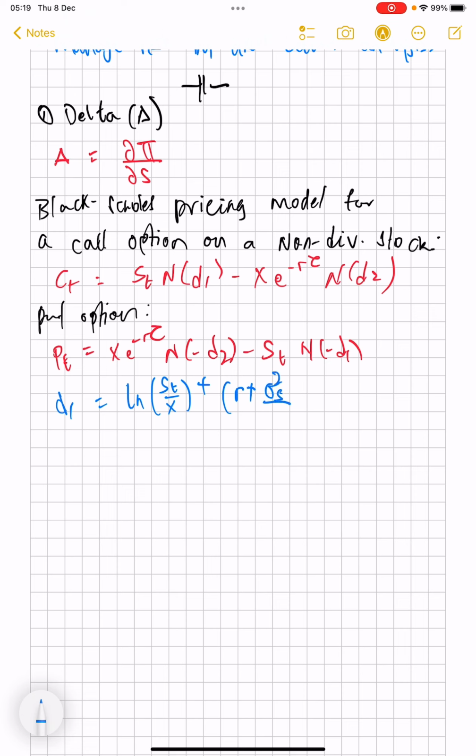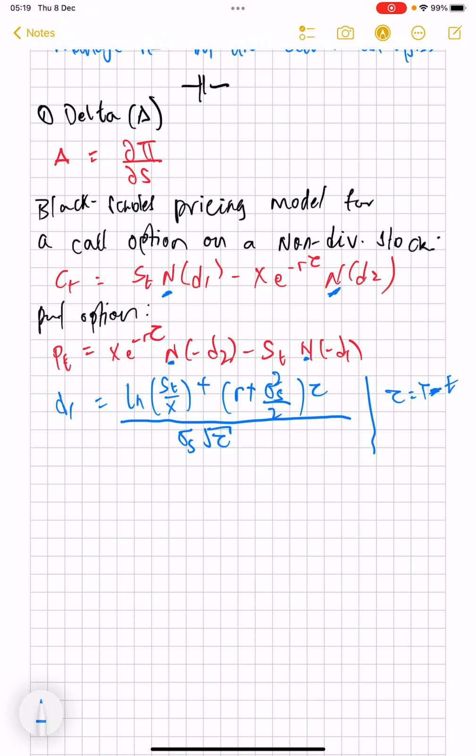Where you have ST being asset price, X being exercise price, sigma being the risk, where tau is equal to T minus small t, and where the N here is the cumulative density function of a normal distribution.